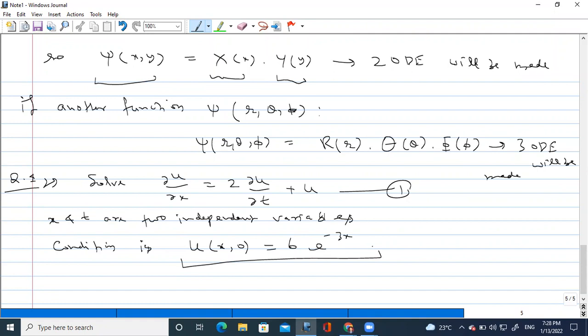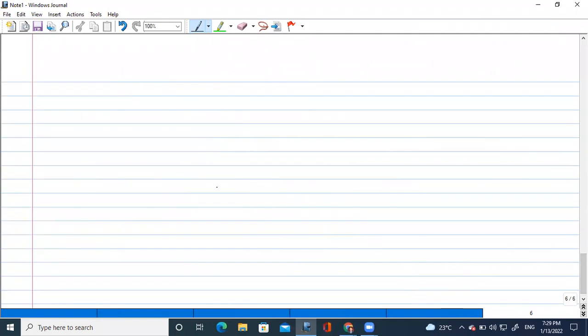So finally what we want, means you have to find u(x,t). This is our question here. Solution of that means you have to find out u, and u is a function of x and t. Okay, so this is very easy, only once you have to practice it.